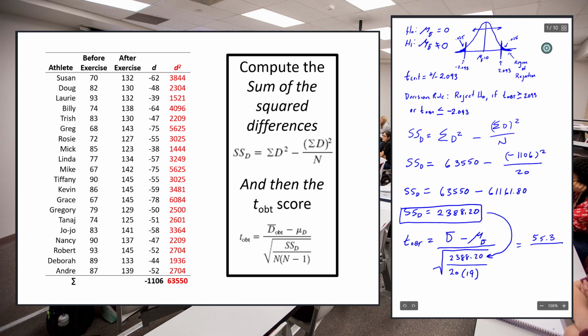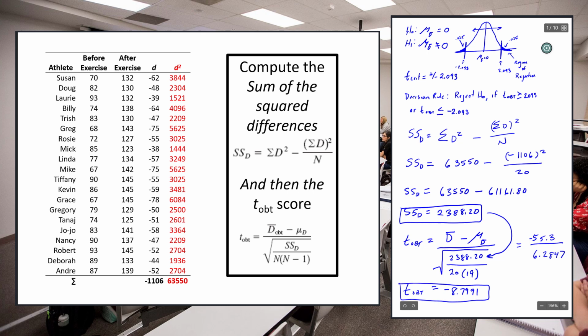If you're wondering where I got 55.3, it's simply the mean of the differences, right? So you look at minus 1106 divided by 20. So 55.3 divided by 6.2847. Okay, and so now we can resolve the final t obtained value is going to be minus 8.7991.